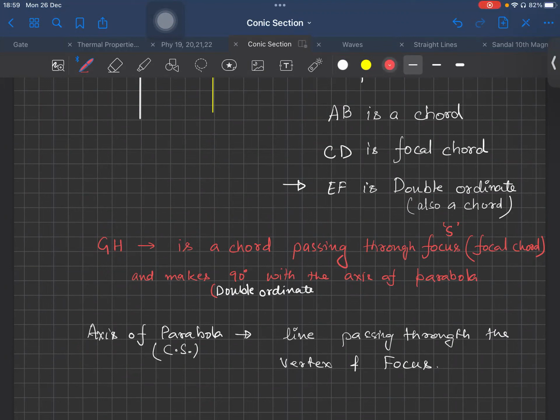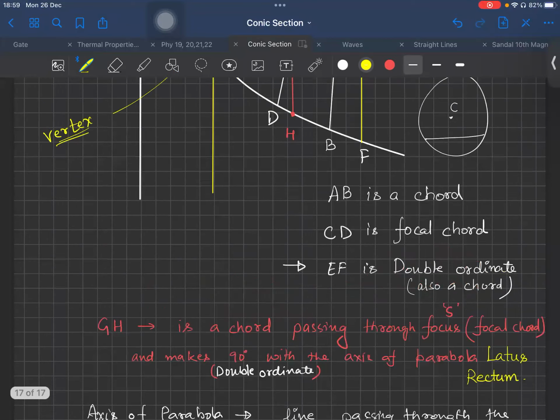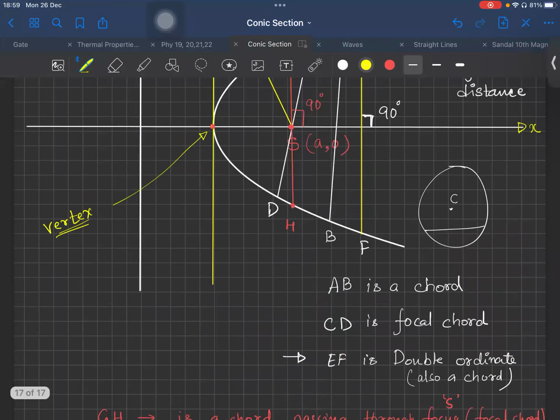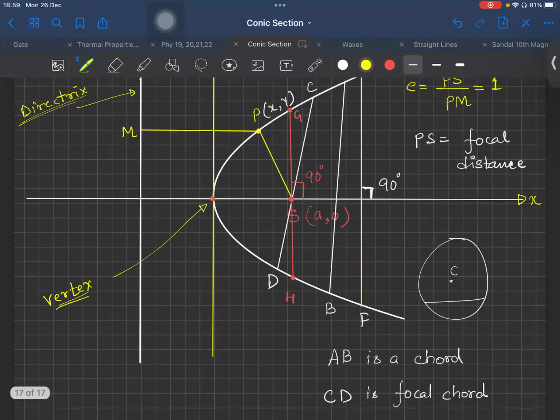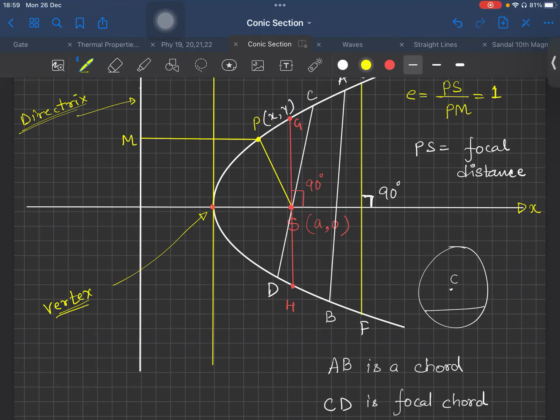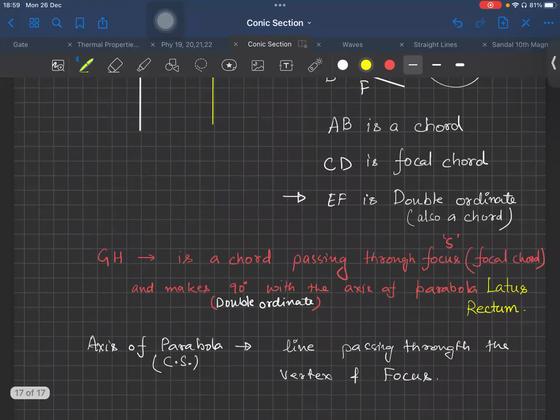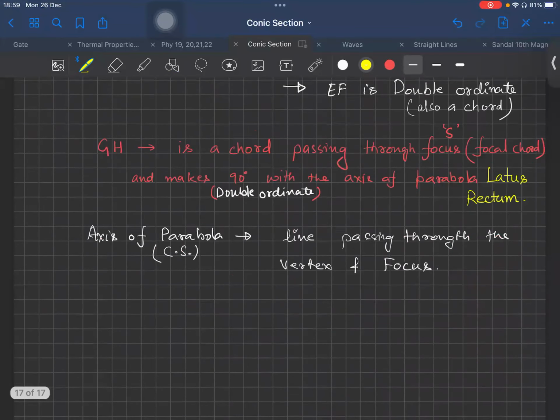This type of double ordinate which passes through the focus is called the latus rectum. I think that's the spelling. So the latus rectum is a focal chord which makes 90 degrees with the axis of the parabola. Let's write the definition of the latus rectum.